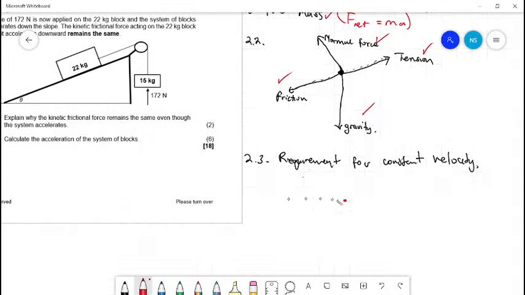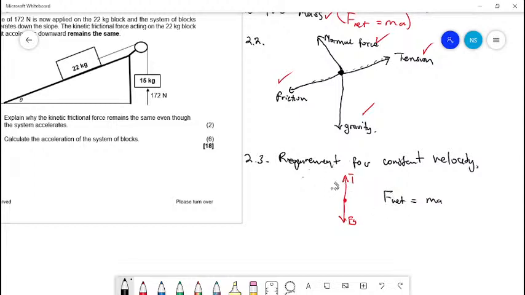So there's force of gravity acting, and also the tension going up. Remember that this thing is moving at a constant velocity. So if it's moving at a constant velocity, it means that F net equals to MA.